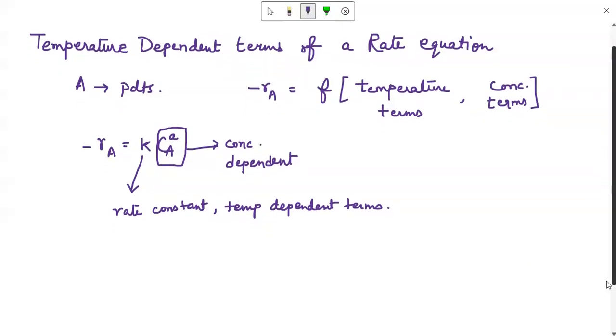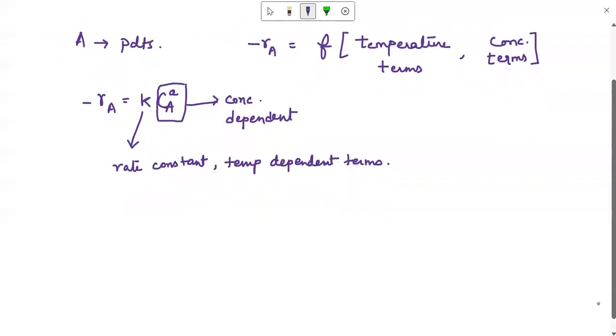Now this temperature dependent term, the rate constant, is very well defined by the Arrhenius law, and this has been widely researched, and the expression obtained from Arrhenius law fits a lot of experimental data for a wide range of reactions.